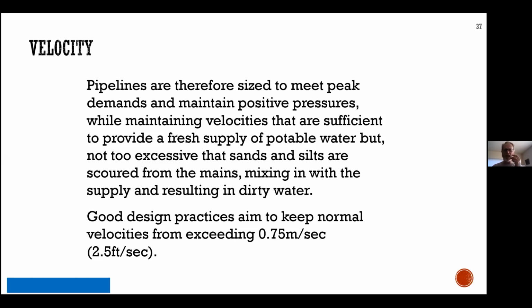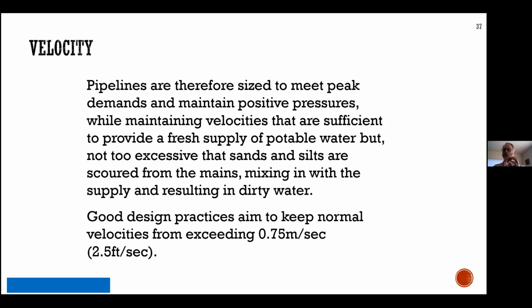But for most cases, most cities, we have a max day demand. We have peak demand over a season. And we also then have to add in emergencies like fire or drought or other things like that. So we want to be able to keep the velocities low.